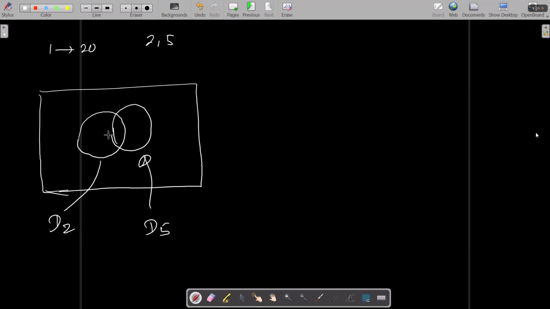Okay, so you can find the number of integers in the range of 1 to 20 which are divisible by 2 by dividing 20 by 2, and you can do the same thing for 5. So you can find the value of this set by dividing 20 by 2, and this one by dividing 20 by 5.